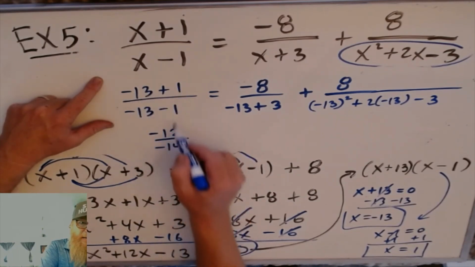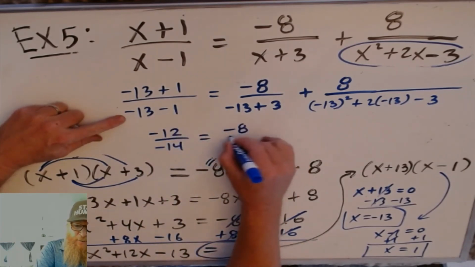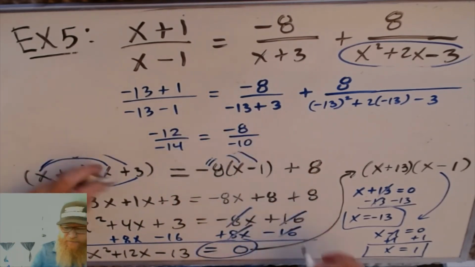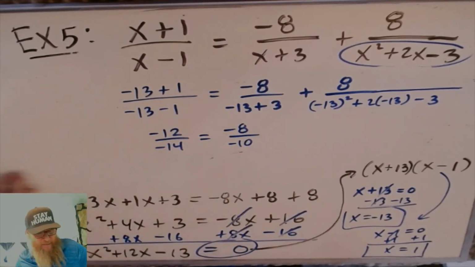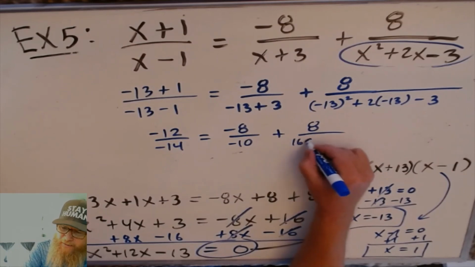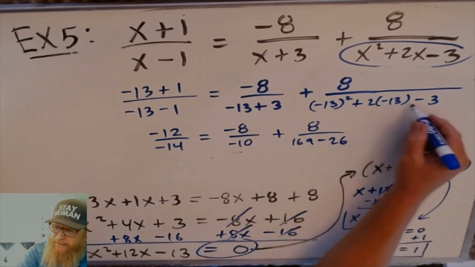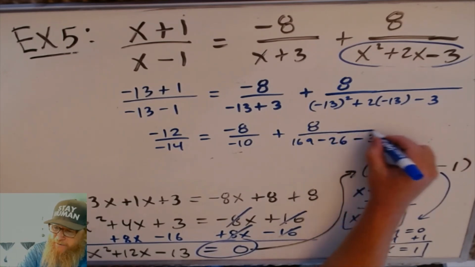So I got negative 12 over negative 14 equals negative 8 over negative 10 plus 8 over 169 minus 26 minus 3.